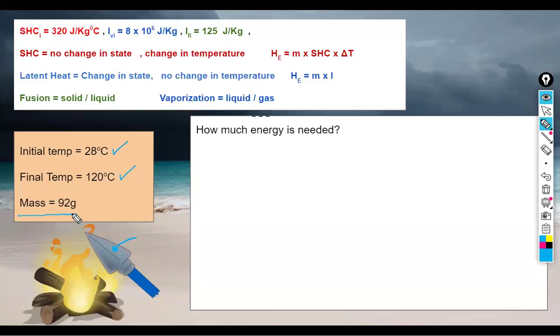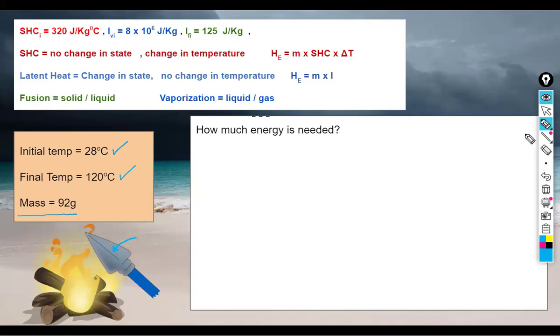What kind of question is this? Is it a specific heat capacity question or a latent heat question? That's the first thing we have to decide, so we know which formula to focus on. Right?